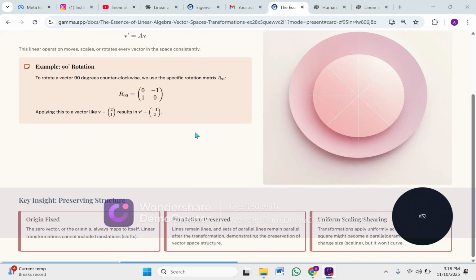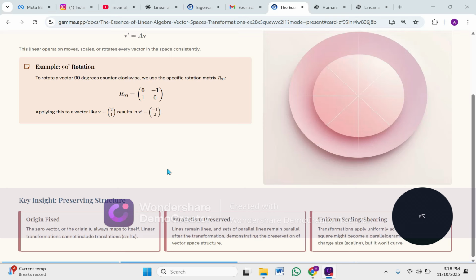We have some key insights for preserving the structure. First one is origin fixed. The zero vector, or the origin, always maps to itself. Linear transformation cannot include translation or shifts. Second one is parallelism preserved.